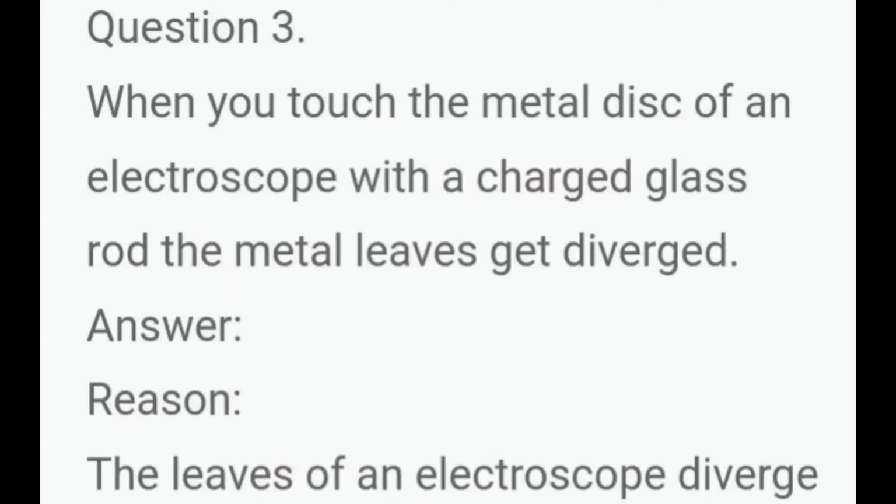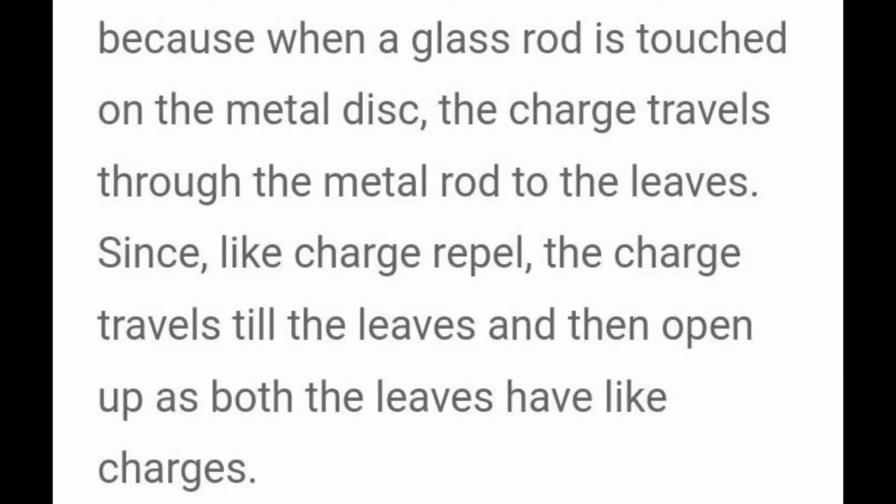Third question, when you touch the metal disc of an electroscope with a charged glass rod, the metal leaves get diverged. The answer, reason, the leaves of an electroscope diverge because when a glass rod is touched on the metal disc, the charge travels through the metal rod to the leaves.